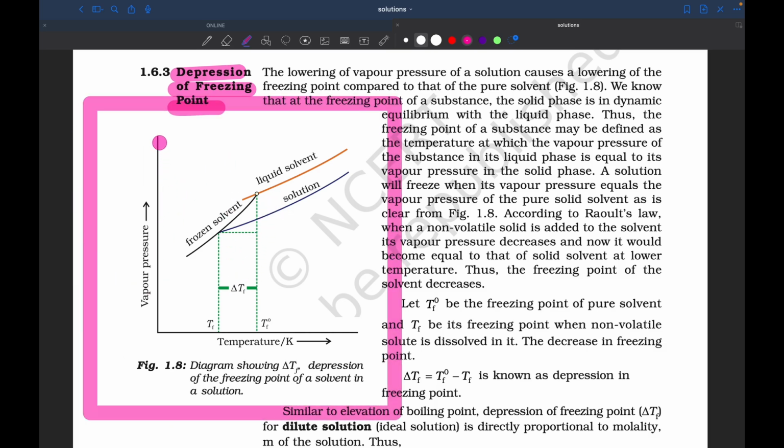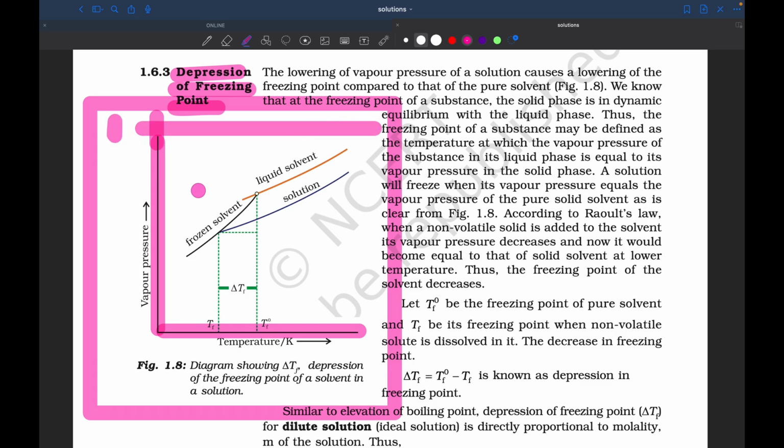So on the y-axis we have to take vapor pressure, right. On the x-axis we have to take the temperature. Vapor pressure is at the top, 1 atm. We are not talking about this one. So here there is 1 atm. When you talk about boiling you touch here, but we are going backward towards the lower temperatures. So this line represents the pure solvent, and this one represents solution.